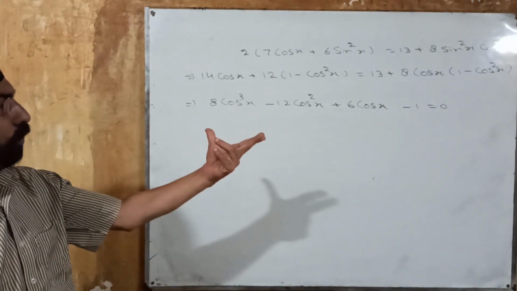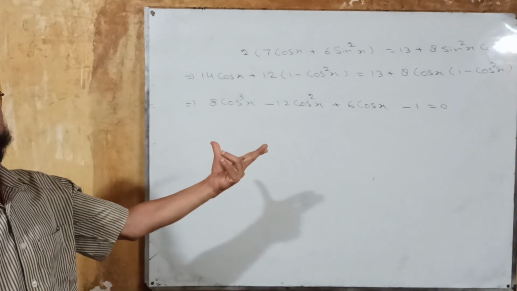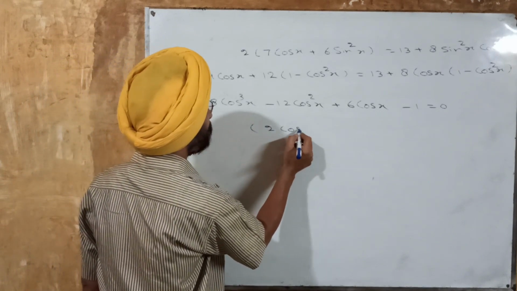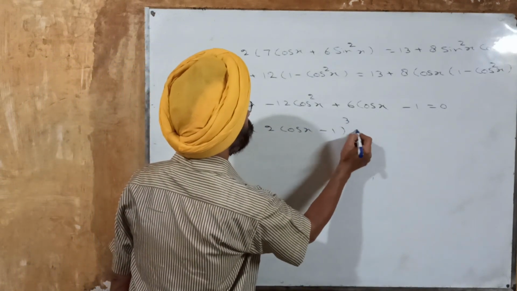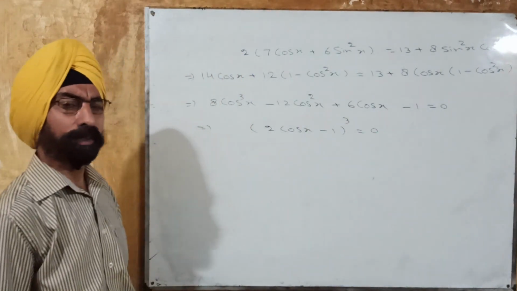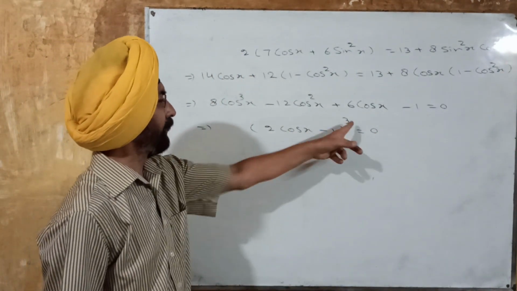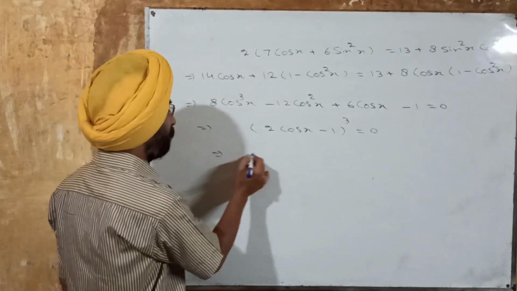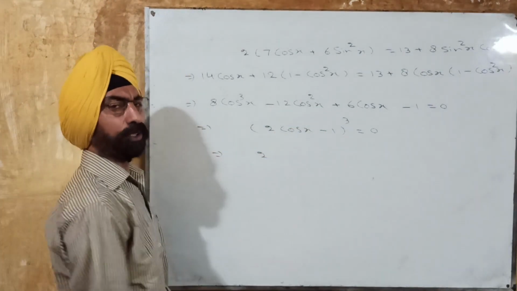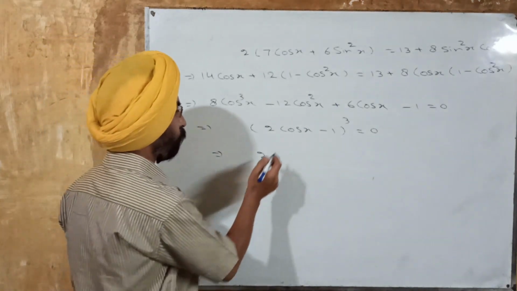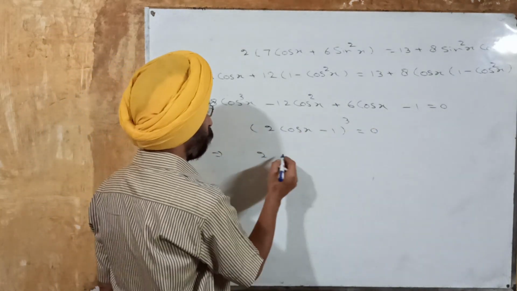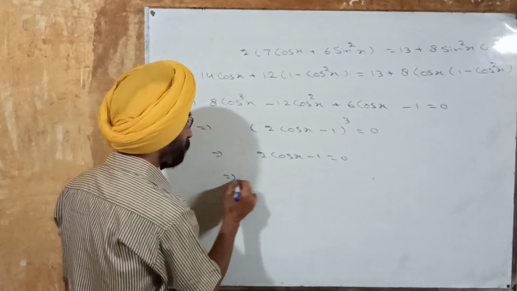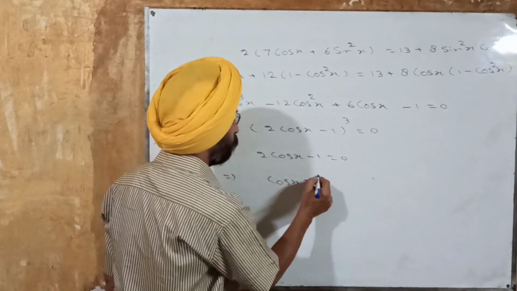And if you now look at it closely, you will see that it is nothing but 2 cos x minus 1 whole cube is equal to 0. Cube of 2 cos x minus 1, when you expand, you will get this. Now you know that x cube is 0 if and only if x is 0. So 2 cos x minus 1 whole cube is 0. That means 2 cos x minus 1 is equal to 0, and this means cos x is equal to 1 by 2.